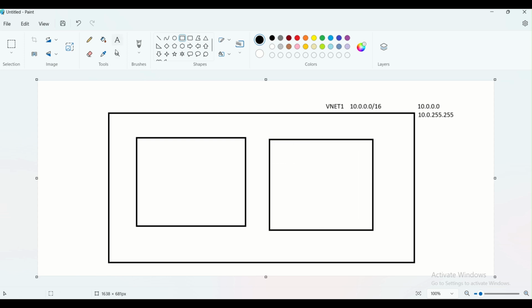This is called subnet 1 and this is called subnet 2. So you said you are splitting the VNet, then how will you form some more ranges from this VNet? Just simple. For example, 10.0.0.0/16 means the first two digits will be constant and the remaining two digits will vary.